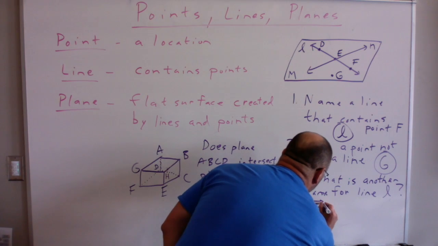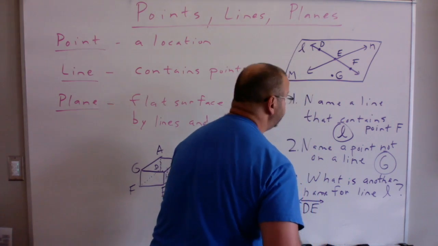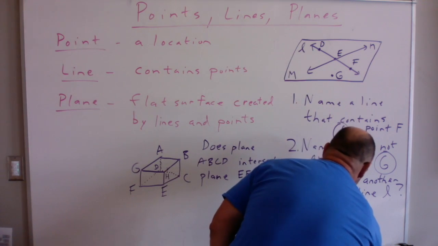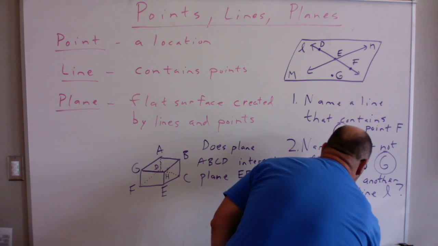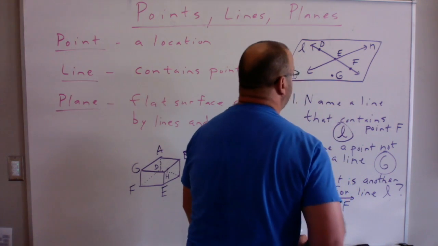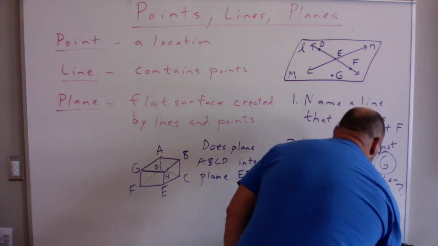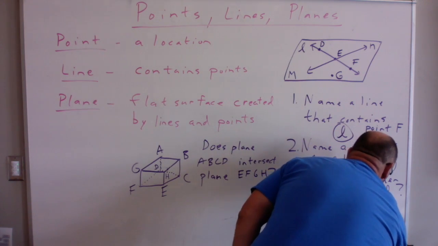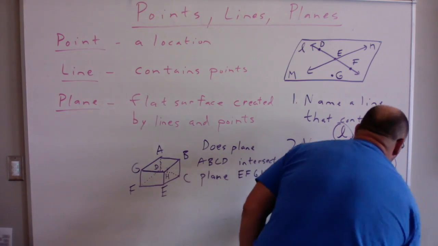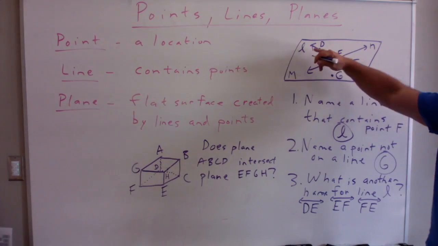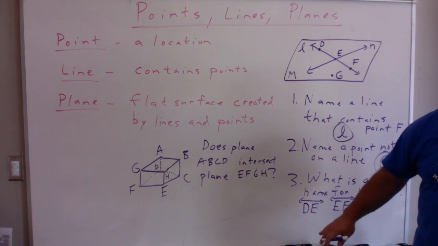I put a little line over the top of it. That's a line symbol. I could rename it using EF. That's the same line. Okay. I could rename it using, let me see here, FE. I could flip them around. Okay. So there are many different ways. If the points are in the same line, I could rename it several different ways.